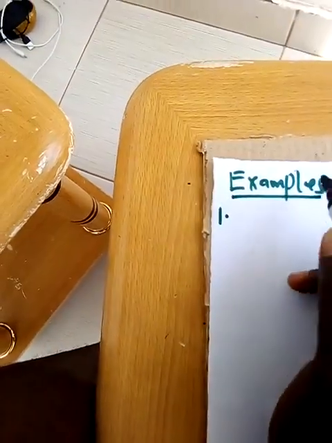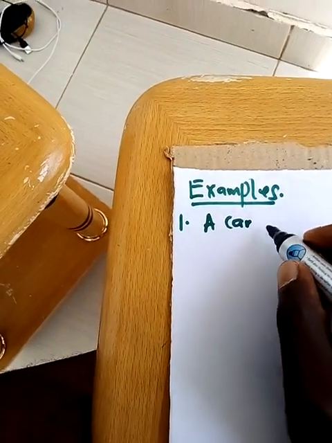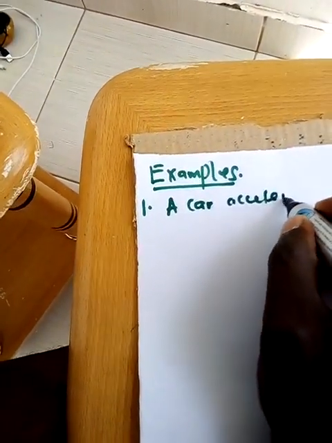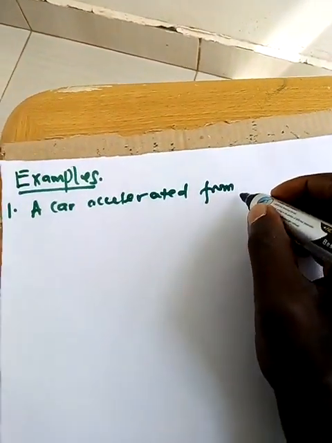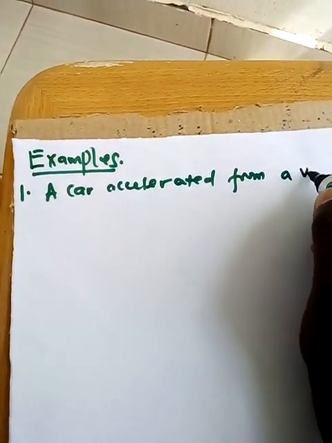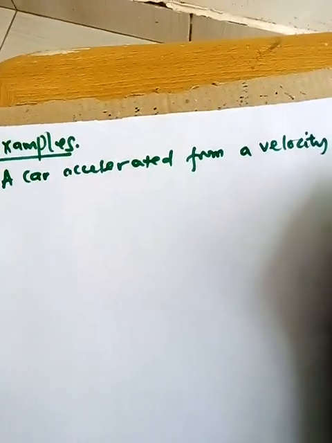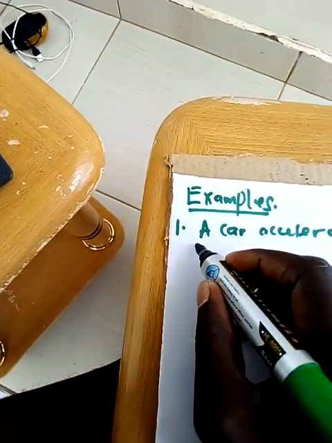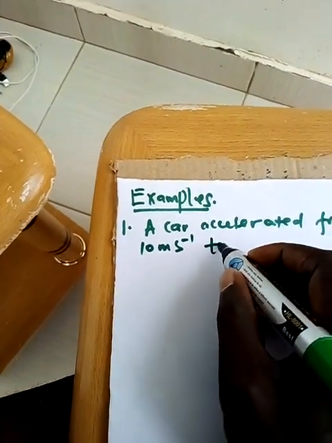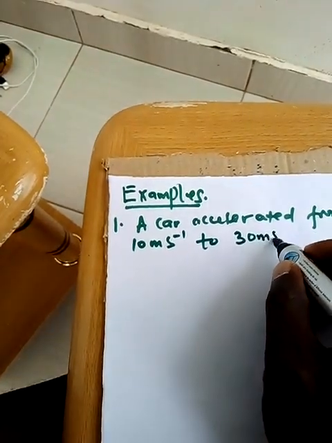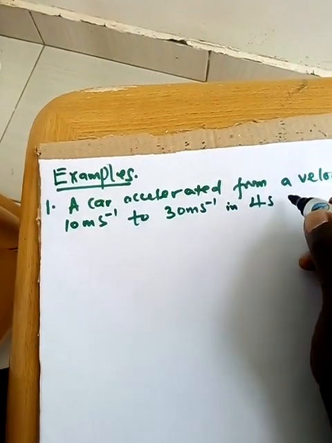Number one, a car accelerated from a velocity of 10 meters per second to 30 meters per second in 4 seconds.